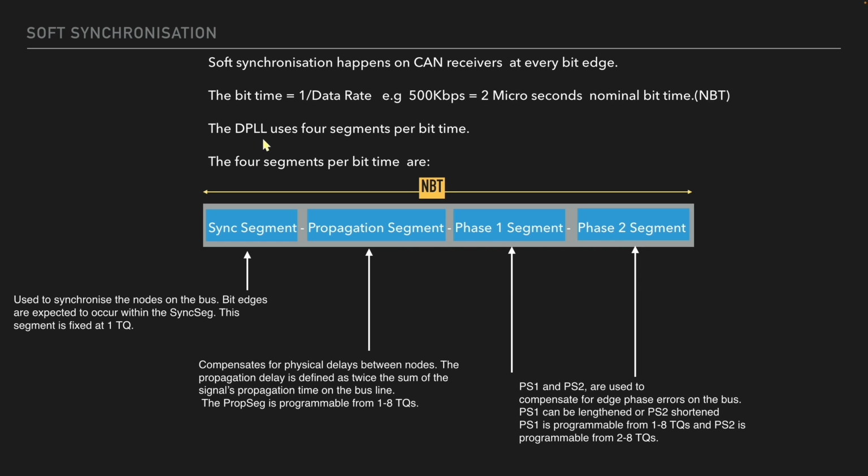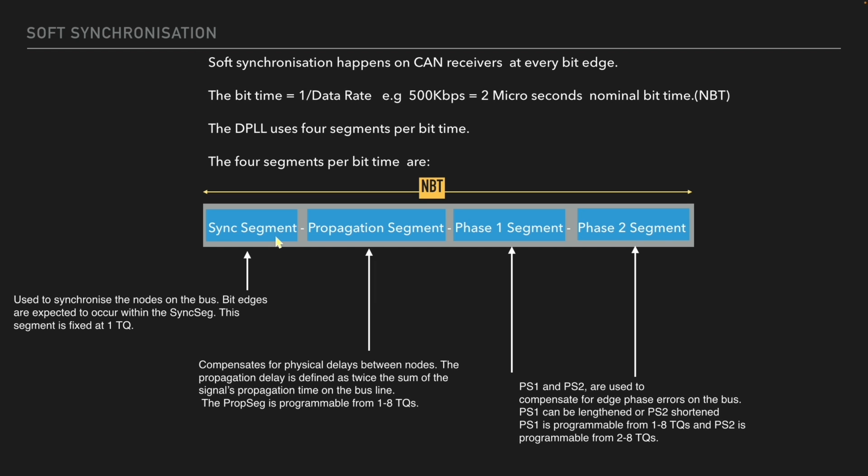And therefore, we have broken up the nominal bit time, which in this case is 2 microseconds, into 4 segments, as you can see. So when an edge is detected, it has to fall within the sync segment. And when I say sync segment, that is a subset of time of the 2 microseconds.